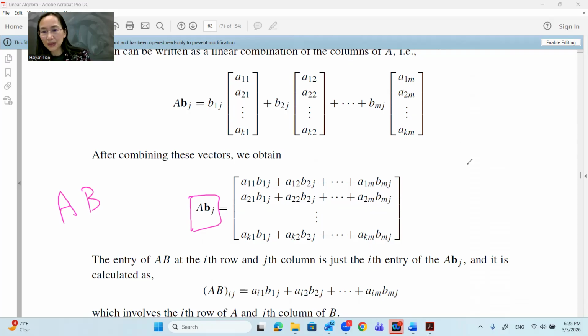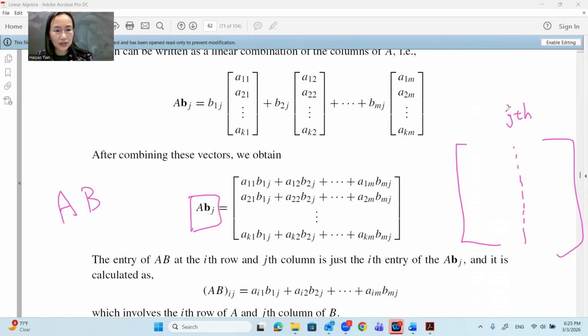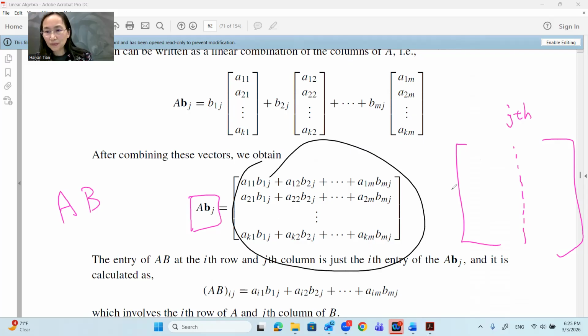So you see the AB matrix is a matrix, right? Now you single out the jth column. So for this matrix, now you only focus on the jth column, which is this vector. But I want to pick the ith entry of the jth column.